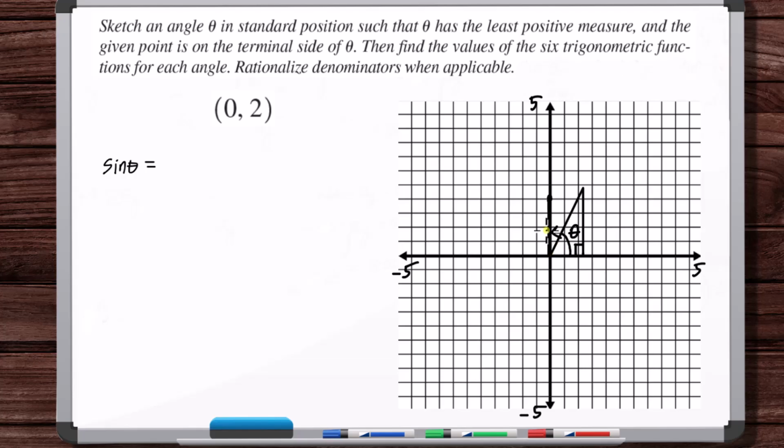But we're dealing with this collapsed triangle, so we have to remember that. But we would do what? We would do sine theta is opposite over hypotenuse. Well, in that case, the opposite is the y, that's positive 2. And then the hypotenuse is the r, that's also positive 2.